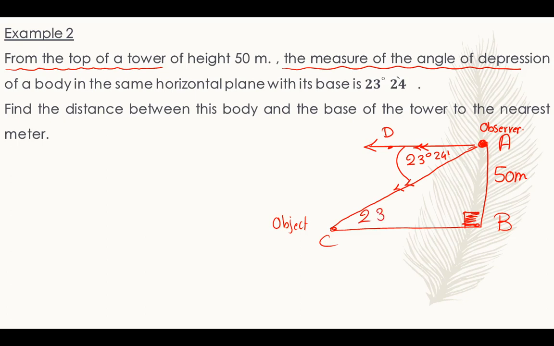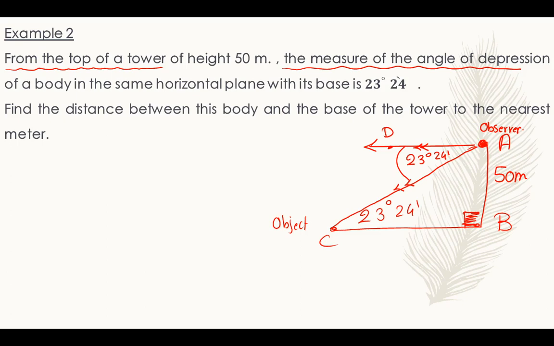So angle DAC is the angle of depression, and by using alternate angles, the measure of angle ACB is also 23 degrees and 24 minutes.